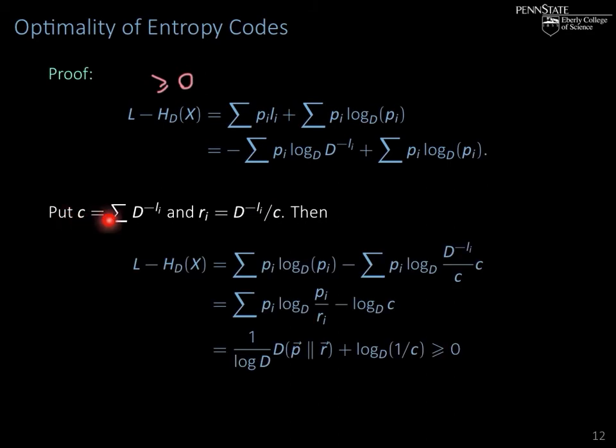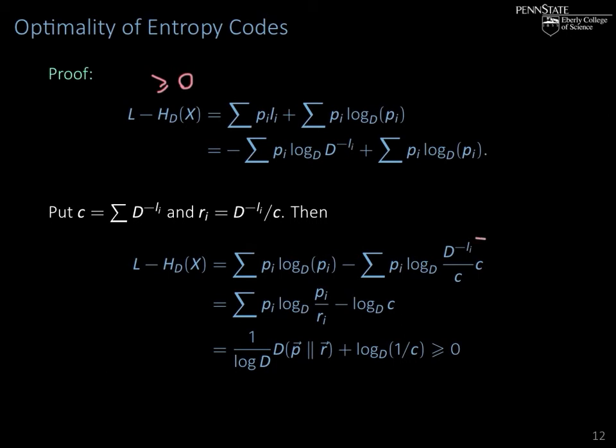So using these definitions here, we can rewrite this expression as follows. So the pi log pi moves over here. And then we have this minus pi log d to the minus li. Now this we write as minus pi log d to the minus li over c times c, right?